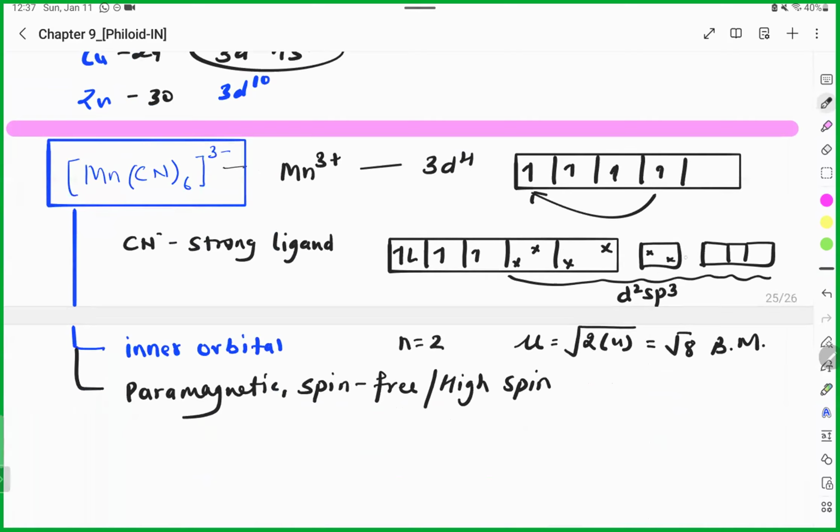One will be s, three will be p. Sir, it's a strong ligand, no? So why won't we pair it? Because you have a maximum of 2 d orbitals in the octahedral configuration, not 3. Maximum 2 orbitals are used in this situation.